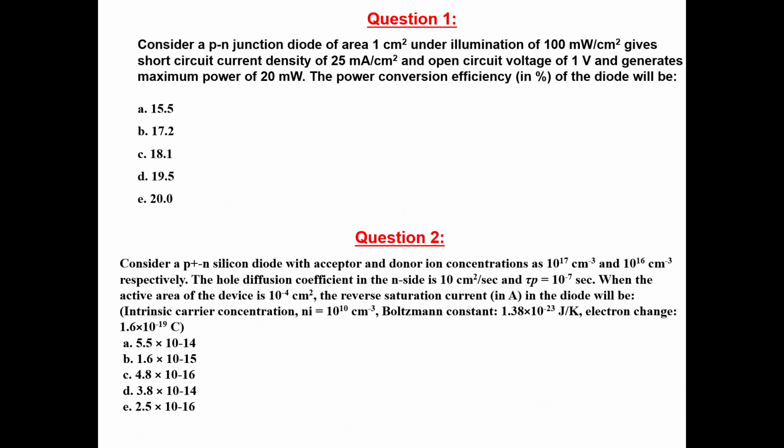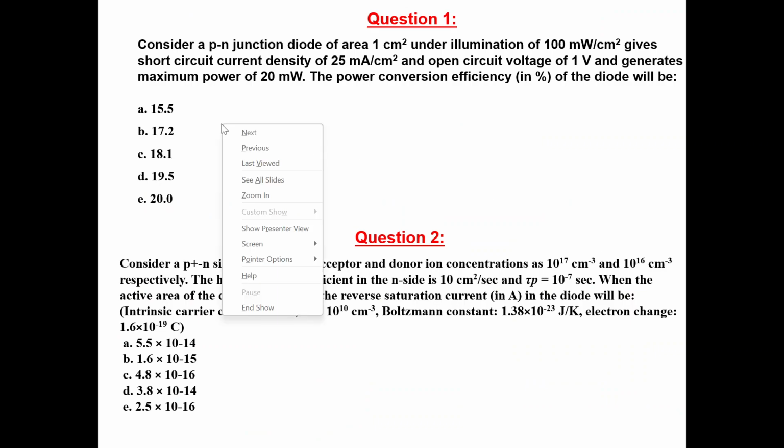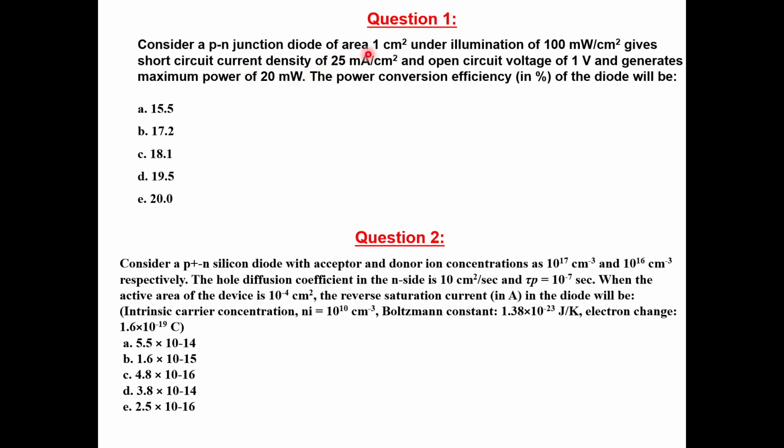The first question says, consider a PN junction diode of area 1 centimeter square, which is under illumination of 100 milliwatt per centimeter square, that gives a short circuit current density of 25 milliampere per centimeter square and open circuit voltage of 1 volt, and generates maximum power of 20 milliwatt.